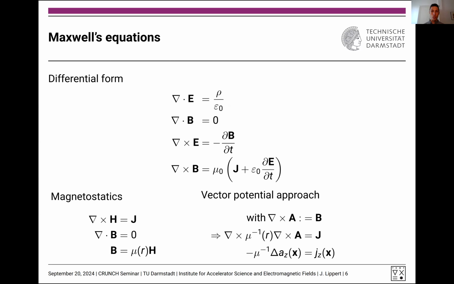If we then use the vector potential approach, where the magnetic flux is equal to the curl of our vector potential, this leads us to a curl equation, which simplifies in 2D to, again, Poisson's equation.